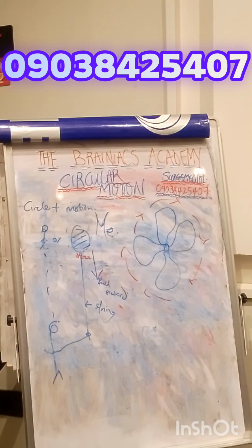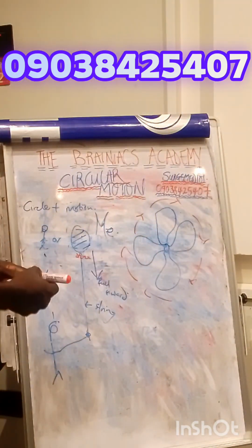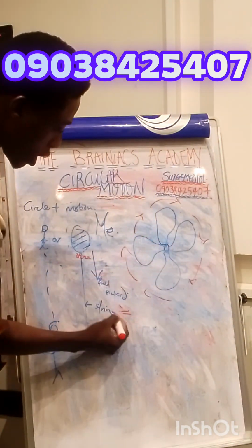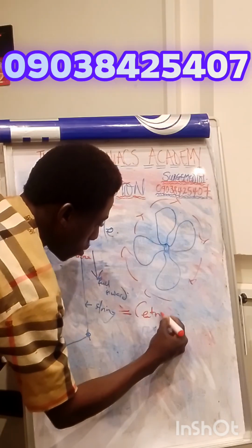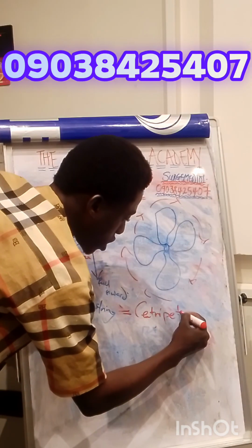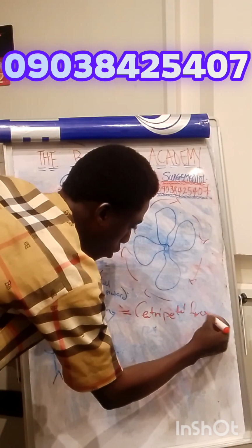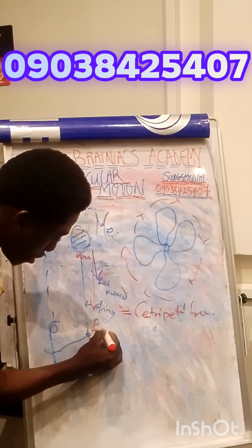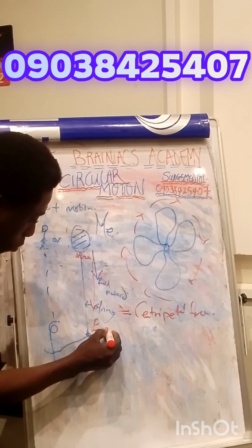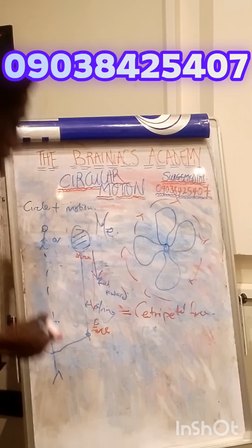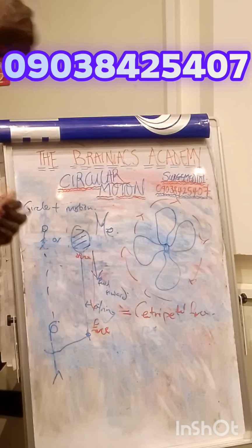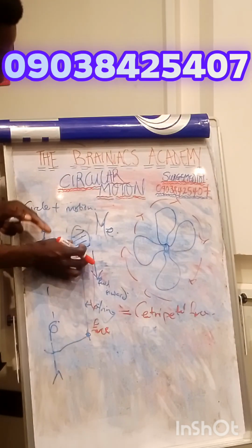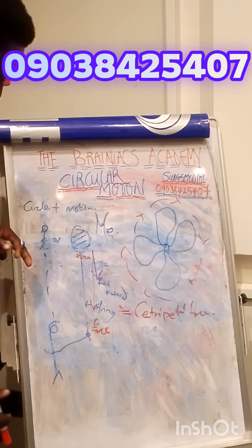Now, this beautifully brings us to our centripetal force. Now, what is centripetal force? This inward force. I told you that when this guy is swinging, this string will be pulling this object inwards.